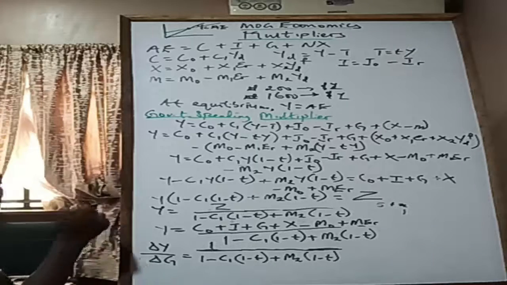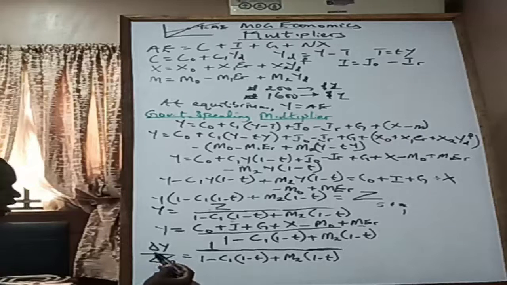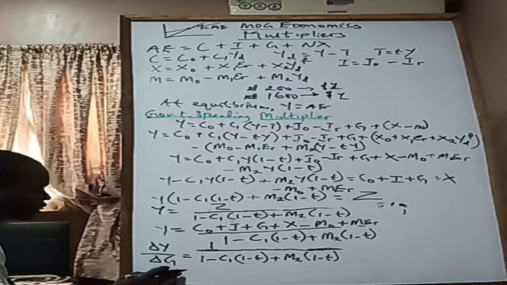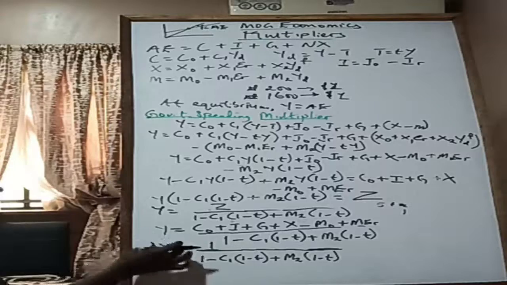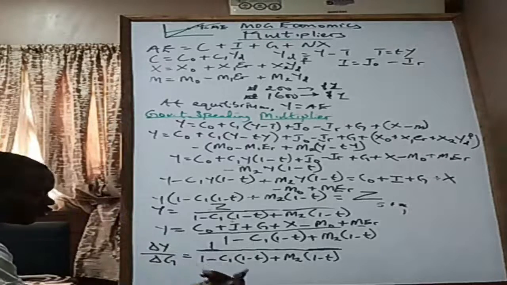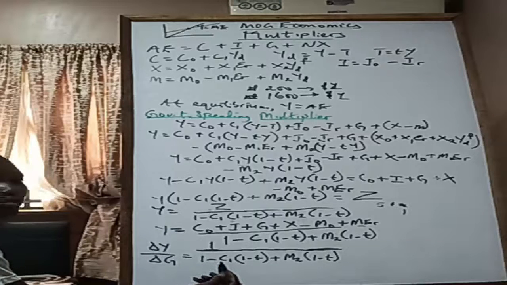So what's the implication of this? This is telling us that if the government spending were to change by a certain amount, the change that is going to happen in y is 1 over all of these things. Theoretically, C1 is a value between 0 and 1.